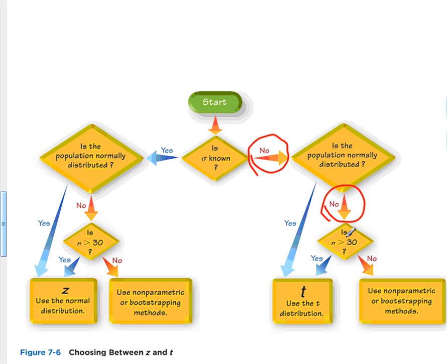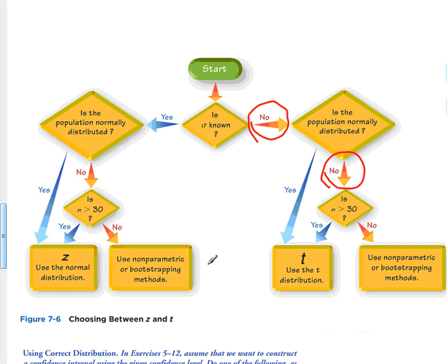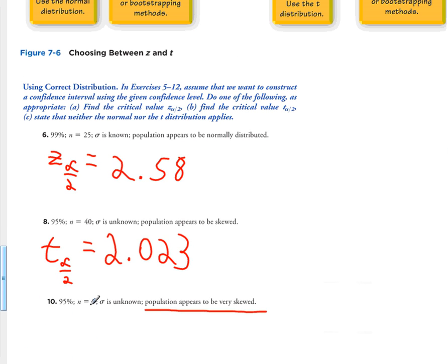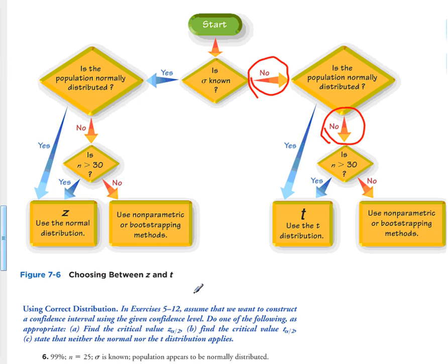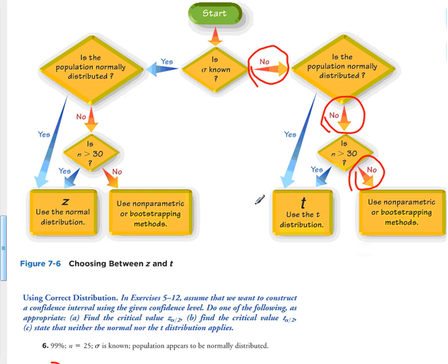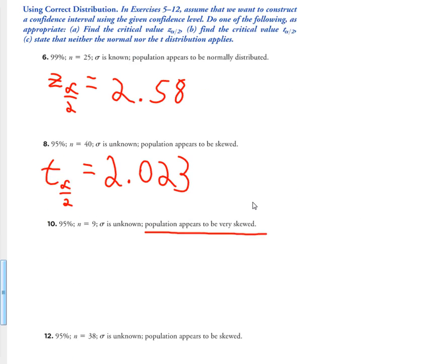Then it asks us, is n greater than 30? N is equal to 9, so the answer to that one is also no. We've answered all our questions no, and it says use non-parametric or bootstrapping methods, which means we can't use Z or T. In this case, we can't use any of the methods from this section.